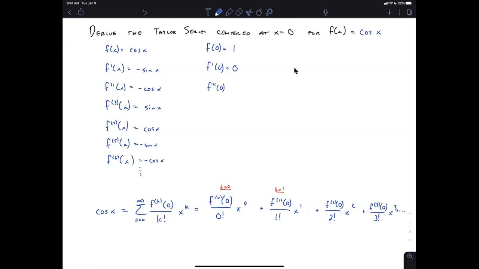F double prime of 0 is negative cosine of 0, which is negative 1. The third derivative at 0 is sine of 0, which is 0. The fourth derivative at 0 is 1. The fifth derivative at 0 is 0. The sixth derivative at 0 is negative 1.